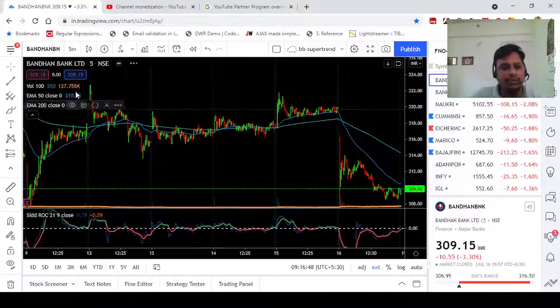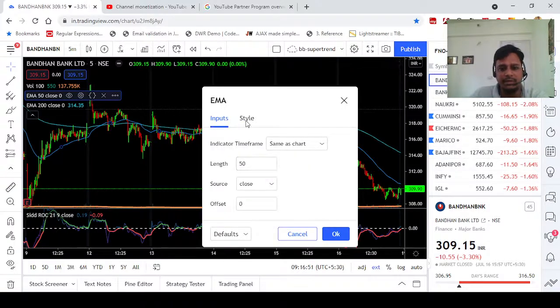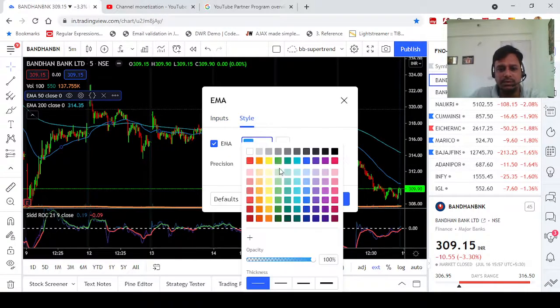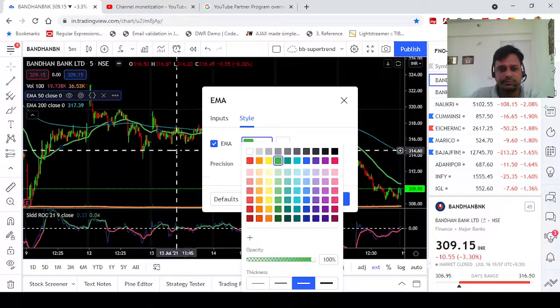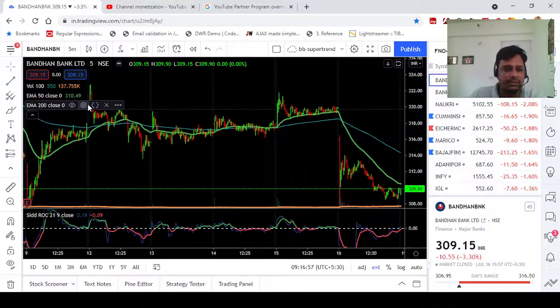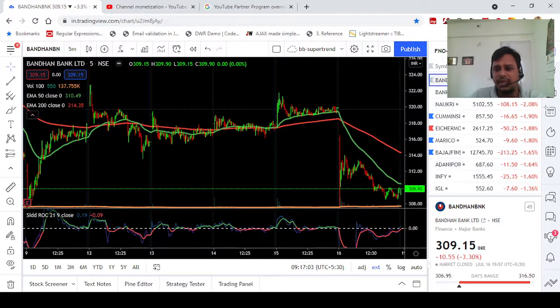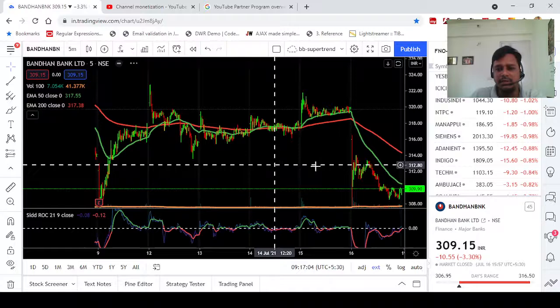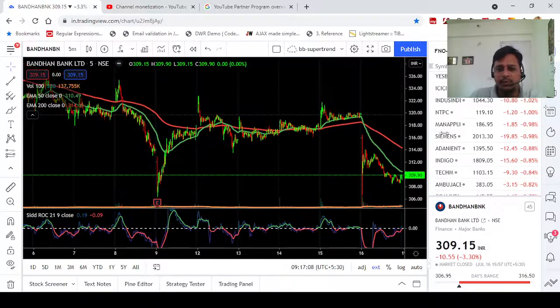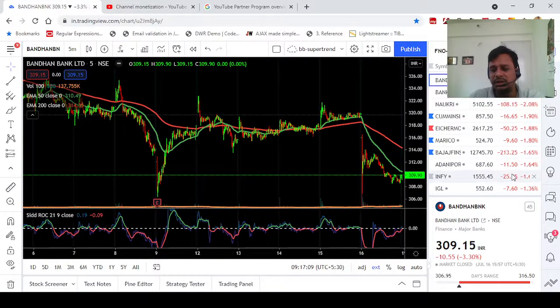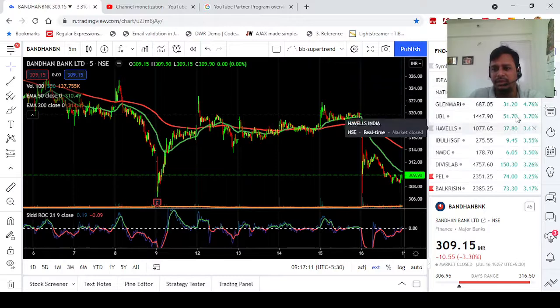Okay, so let's make this 50 moving average as a green and red one as a 200 moving average. Okay, and what we will do, we will search out some good stocks which are very much liquid in nature.